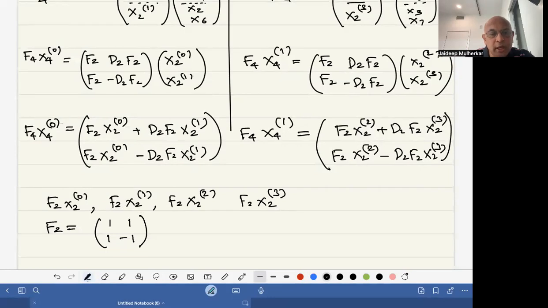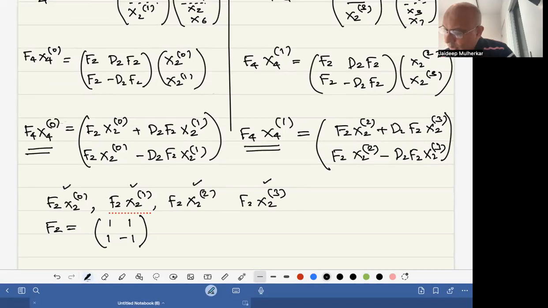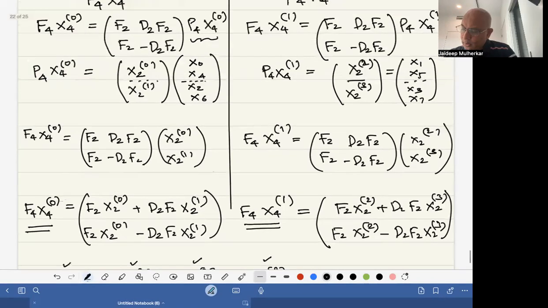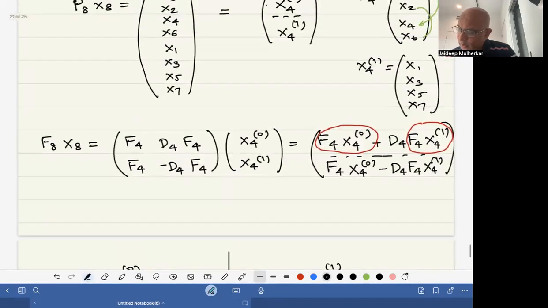When you want to compute the 8-dimensional Fourier transform, you start at this level, which is multiplying a 2 cross 2 matrix with 2 cross 1 vectors. There are 4 vectors to be computed at level, let me call it level 3. Then there are these 2 vectors to be computed at level 2. And finally, using those 2 vectors, we are computing this 1 vector at level 1.